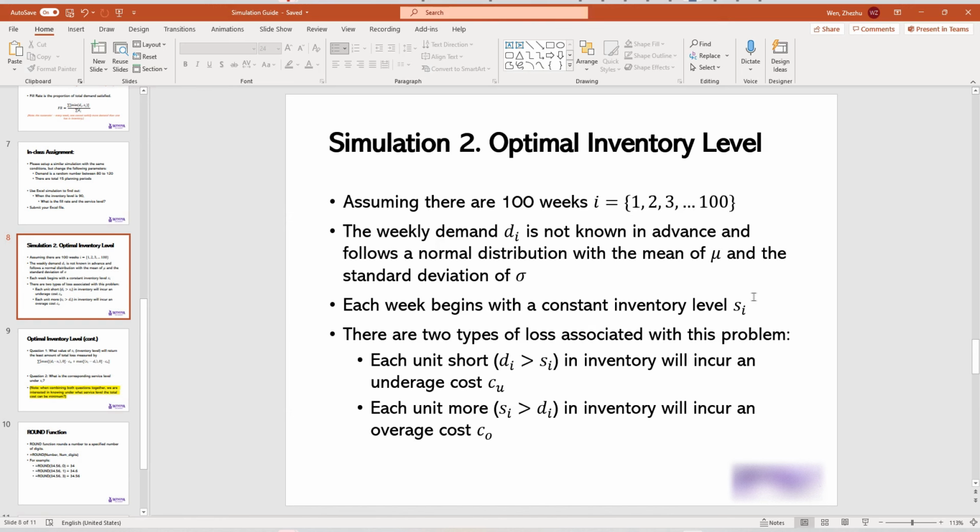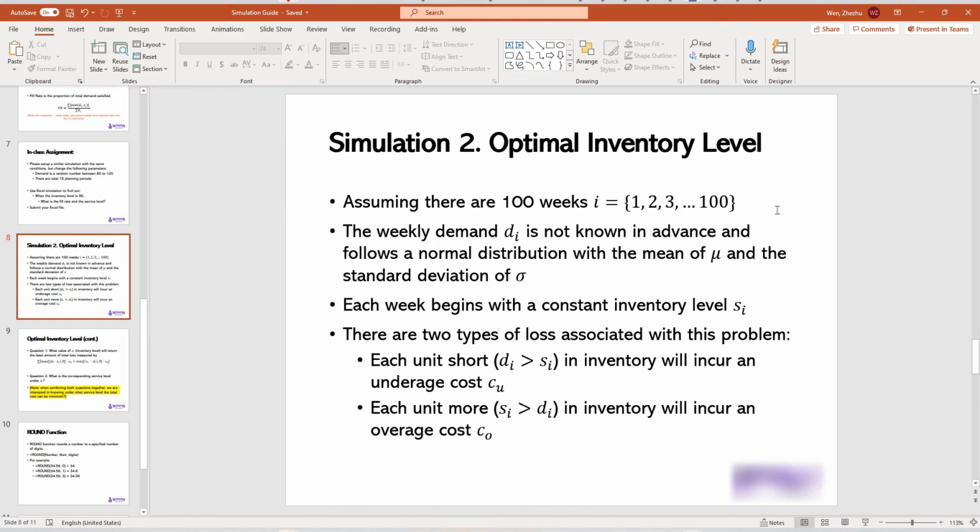You have let go of a potential sales opportunity just because you don't have enough inventory. That C_U, the cost of underage, basically captures that part. Of course, you'll never see this in your accounting book because no one will really tell you they couldn't find it. In general, people don't tell a store clerk that they couldn't find it. I know some people do, but in general, this is a part you cannot observe.